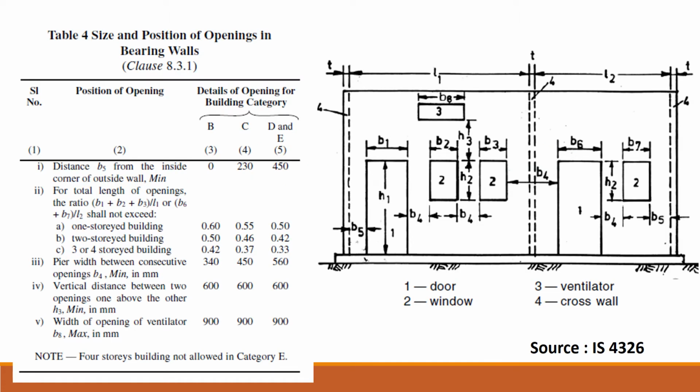So in this lecture, we would be talking about the wall openings. What are the codal provisions related to the wall openings? In IS 4326, the dimensions of the wall openings are given. Moreover, their aspect ratio is also defined, as well as the level up to which the openings are to be given.